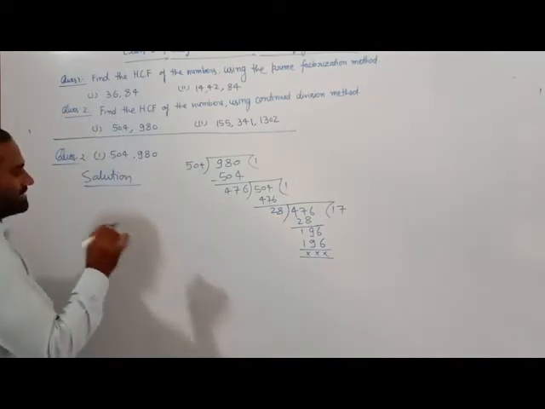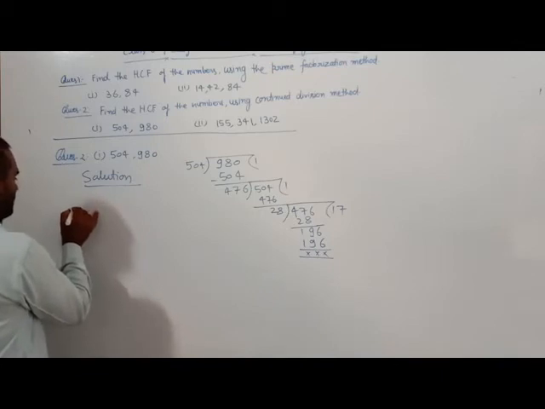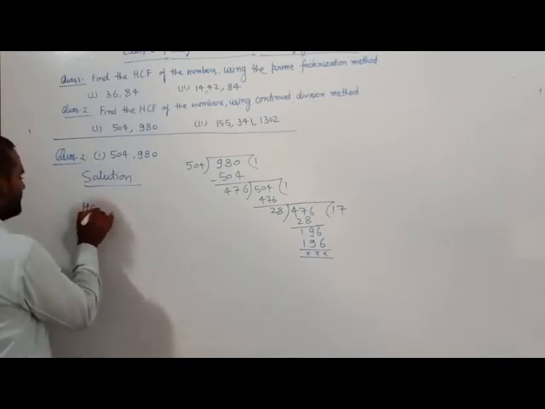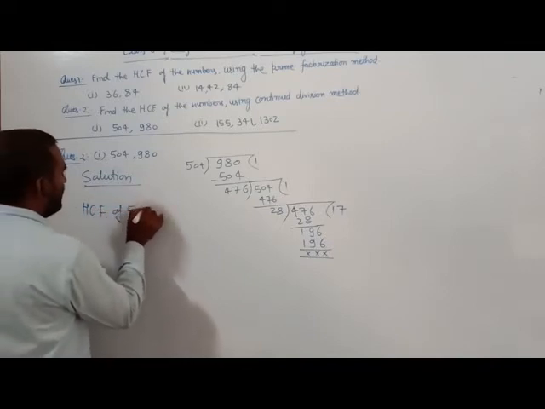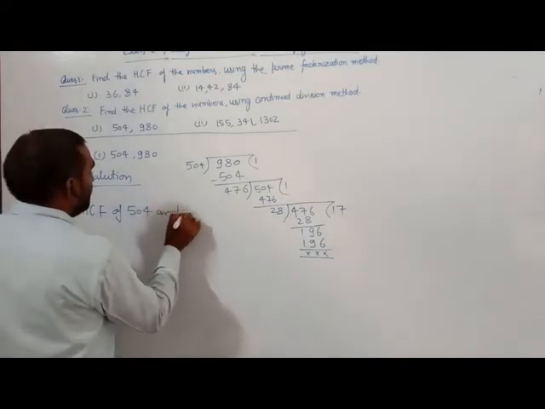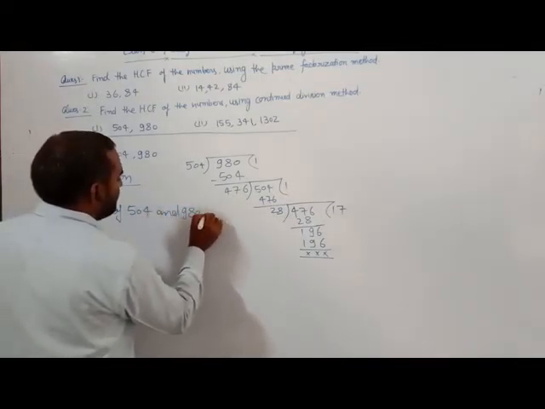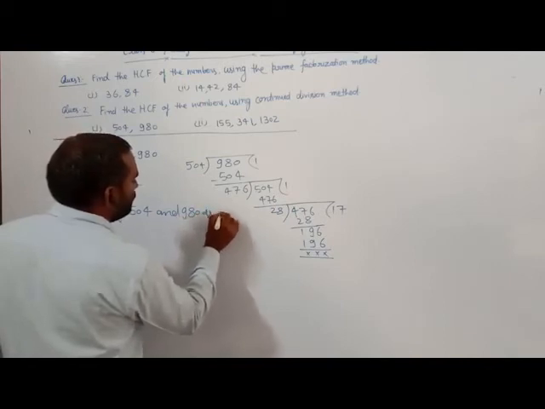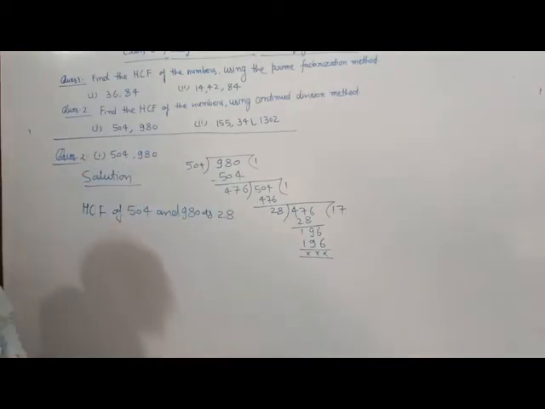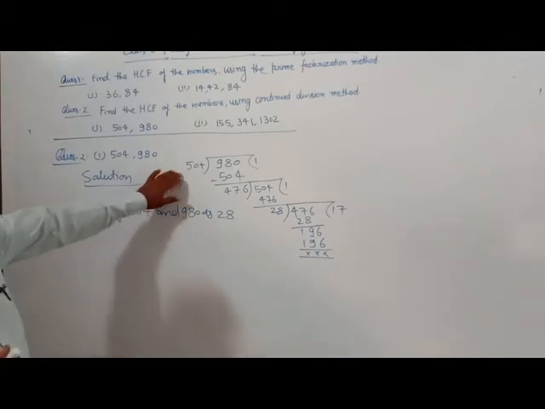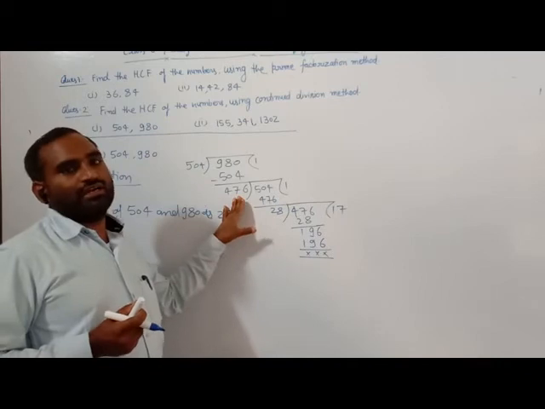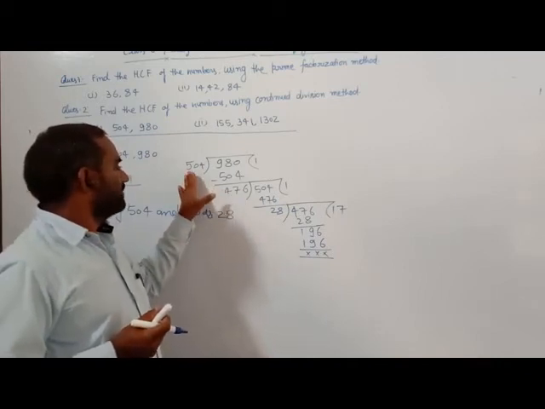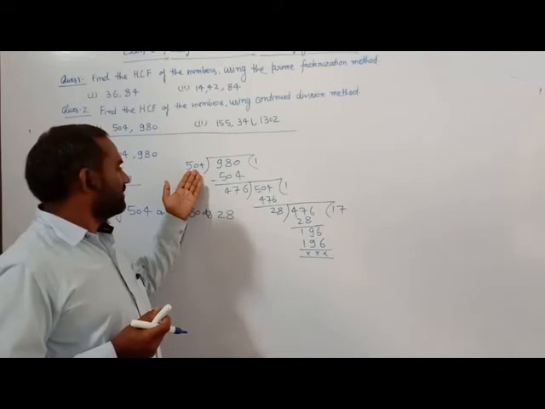So the HCF of 504 and 980 is 28. In this way, by the division method, you have to divide the greater number by the smaller number, and when we get the remainder, we divide the previous divisor by the remainder.